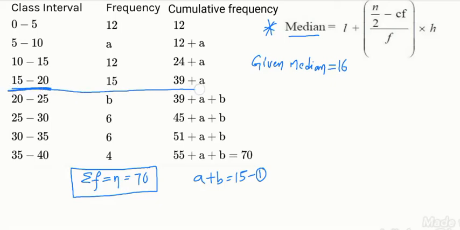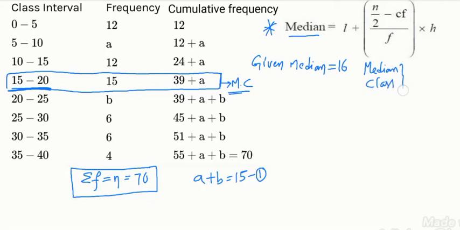So this entire row is put in a box. This is called the median class, MC. So median class is equal to 15 to 20.